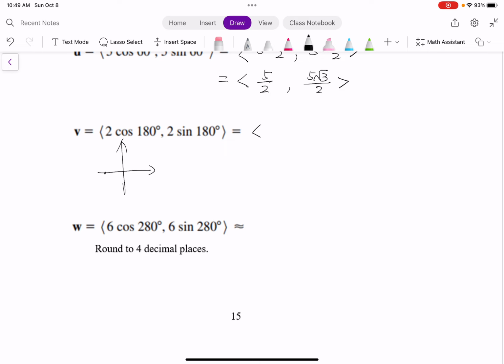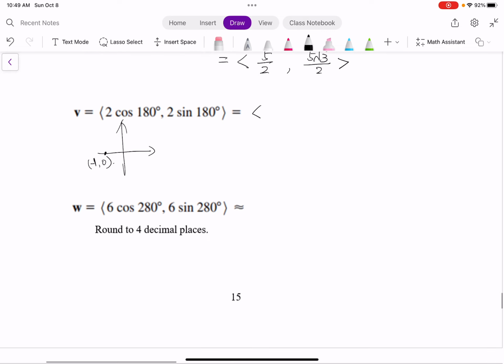If my terminal end is on the xy axis, we can use the unit circle to solve the cosine, sine, tangent values. For cosine 180, the unit circle point is -1, comma 0. So cosine 180 is -1 over 1, which is -1.